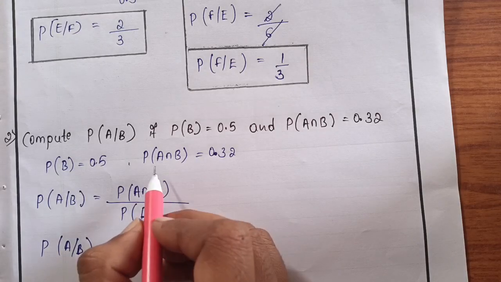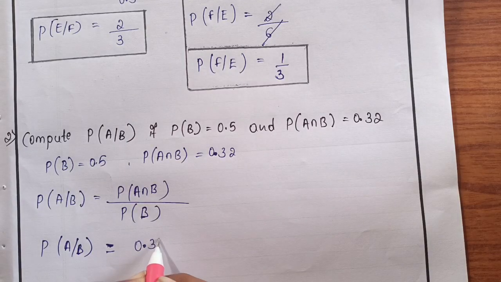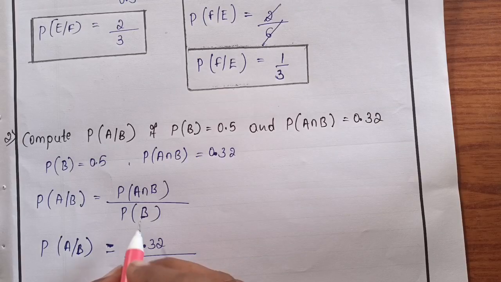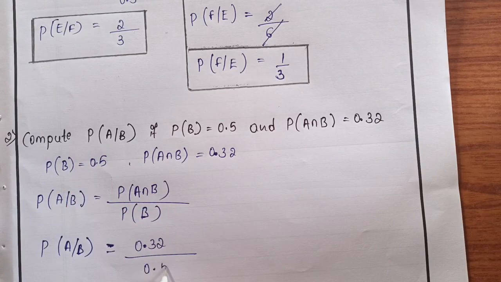They are already given, 0.32. We put in 0.32 as probability of A intersection B divided by probability of B, which is 0.5. So 0.32 divided by 0.5.